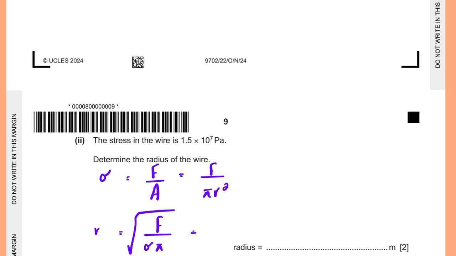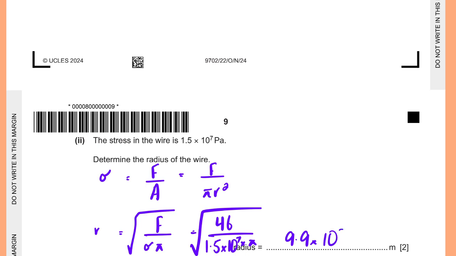F is the tension, which I just found to be 46. To improve accuracy, you should use your calculator value, over sigma, which is 1.5 times 10 to the 7, times pi, and you take the root of this. So this turns out to be 9.9 times 10 to the negative 4 meters.